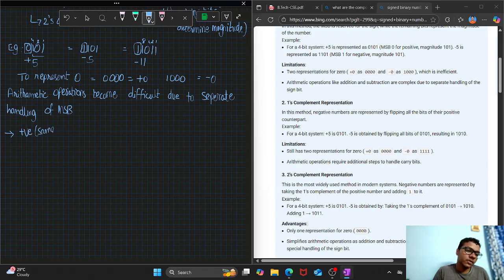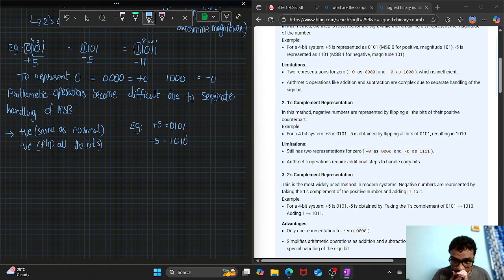Positive, same as normal. Negative, how do you do it? Flip all the bits. That's it. So for example, plus 5 is what? 101 or 0101. Right? And minus 5 is just flip all the bits, 1010.